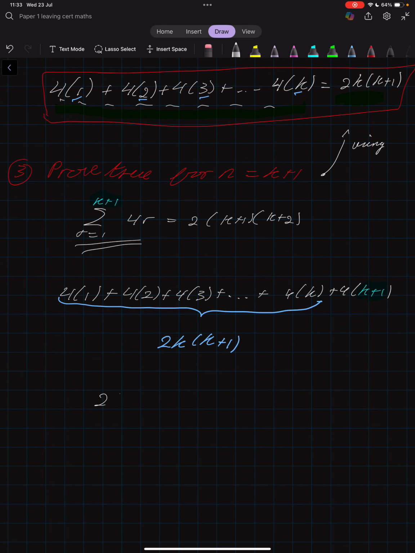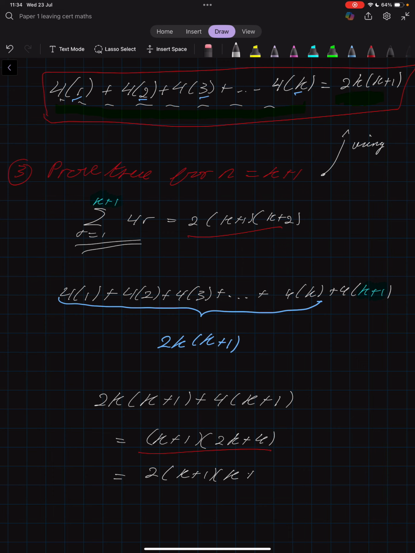I'm left with 2k, k plus 1, plus 4 into k plus 1. I can factor out a k plus 1. So this is going to be k plus 1 into 2k plus 4. Again, I need to show that this thing is equal to this. So I can factor out a 2. So it's going to be 2 into k plus 1 into k plus 2, which is exactly what I was asked to show.